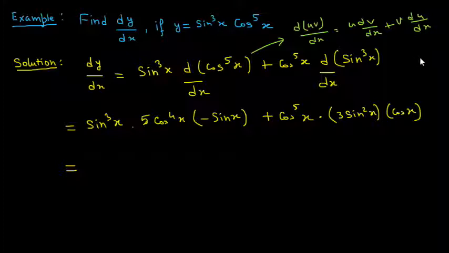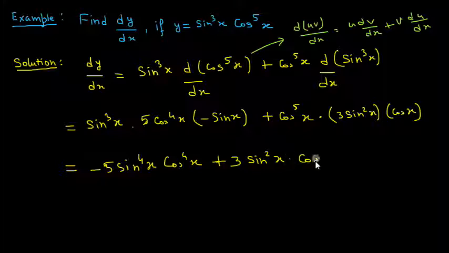That's it. In the next step, upon solving this, we can write minus 5 sin to the power 4 x cos to the power 4 x plus 3 sin square x multiplied by cos to the power 6x.